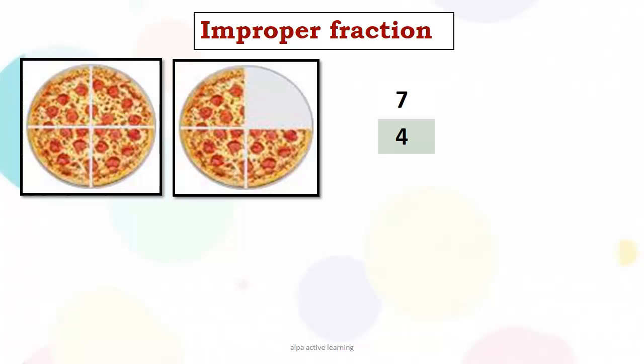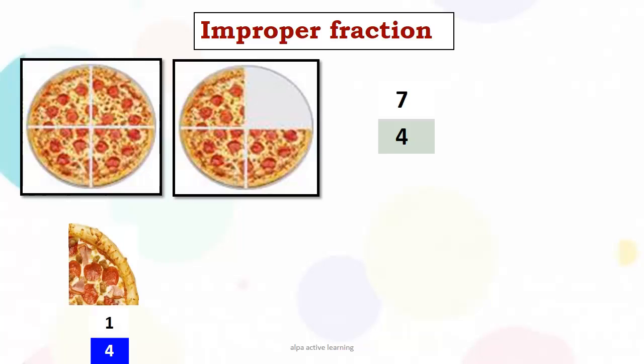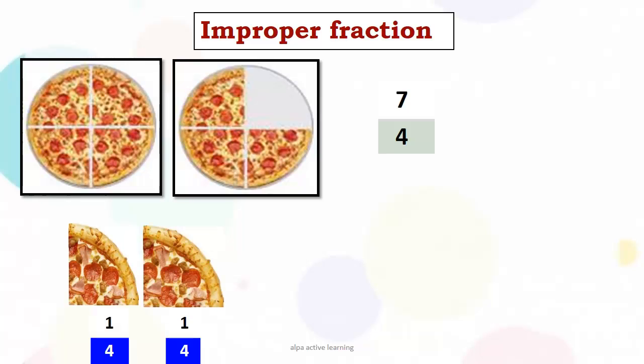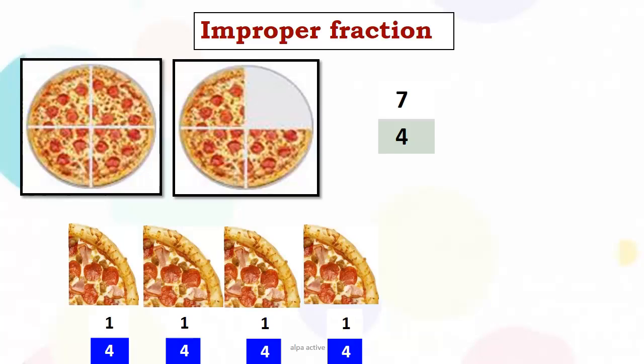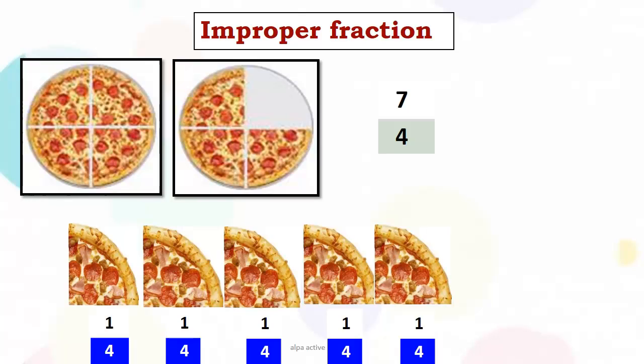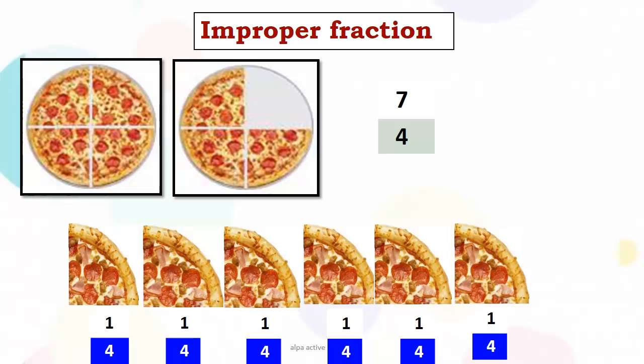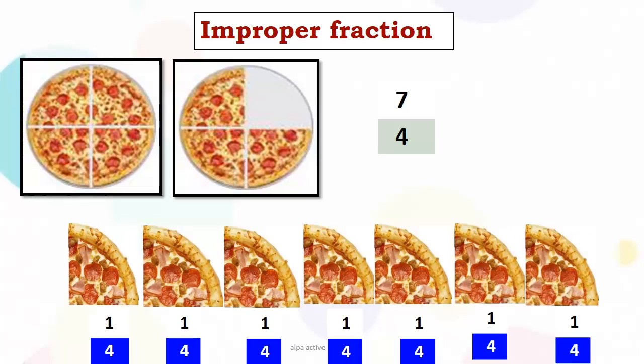So what I will do? I will eat the first 1/4 part of the pizza, right? Again, I will eat the second part. That is also 1/4. I will eat the third part. Again, it is 1/4. Fourth part. Again, it is 1/4. So, my entire pizza is over. Now, for the second pizza, I take 1/4 part. Again, the next one, 1/4 part and 1/4 part.